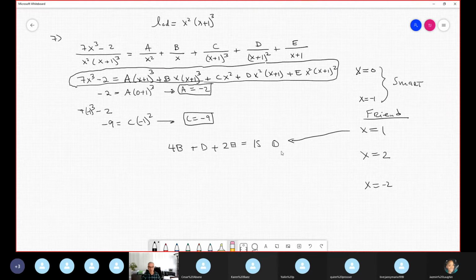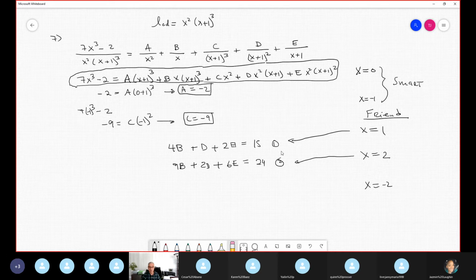Now for x equal 2, after the simplification, after the arithmetic part, I get 9B plus 2D plus 6E equals 24.